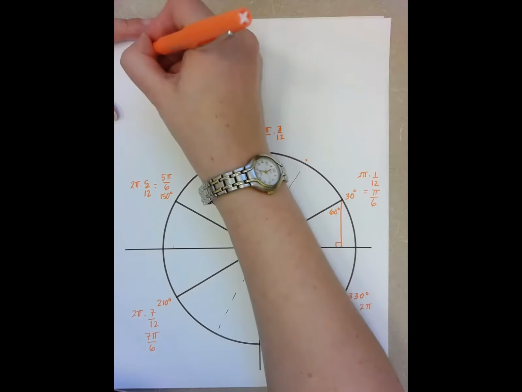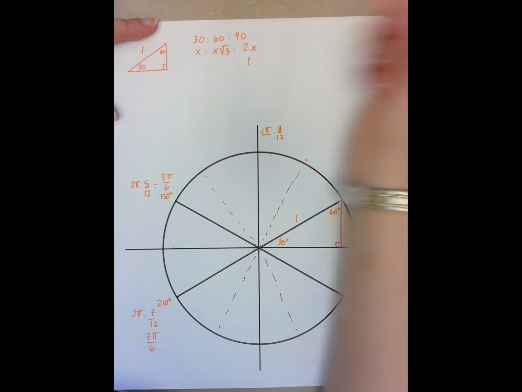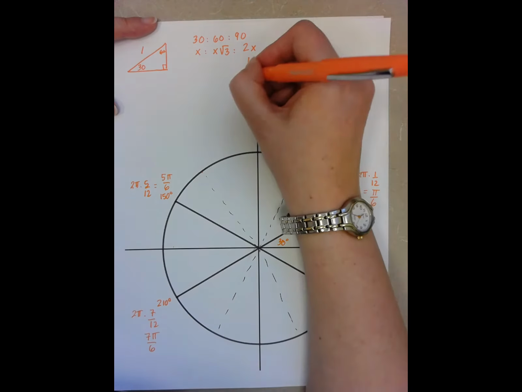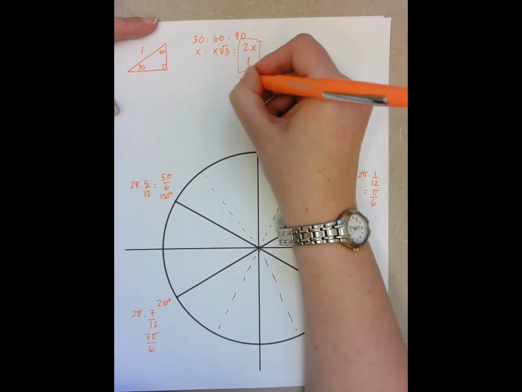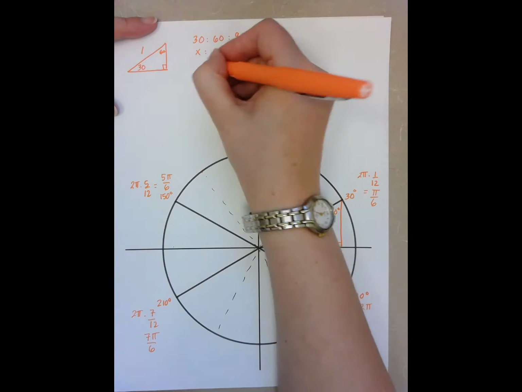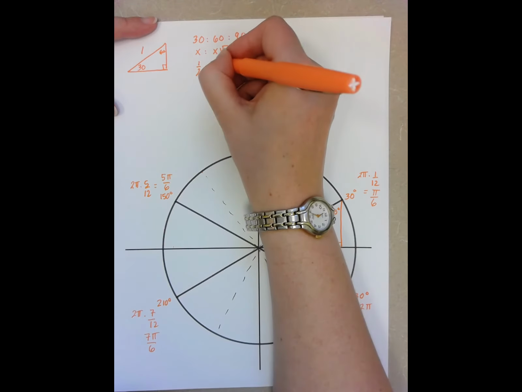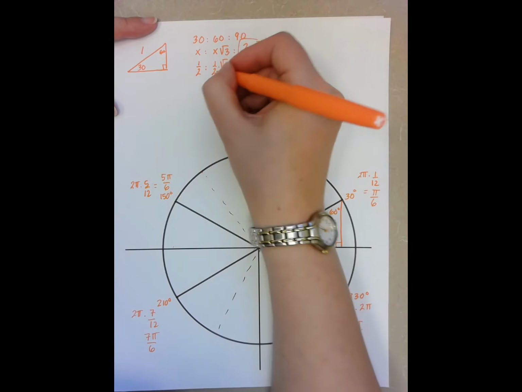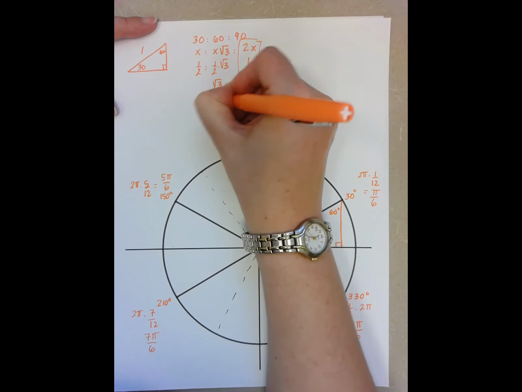However, we also know that in our triangle, the side across from the 90-degree angle has a measure of 1. So we have that these are equal, which means x equals 1/2. So I have 1/2, and I have 1/2 times root 3, which we write as root 3 over 2.